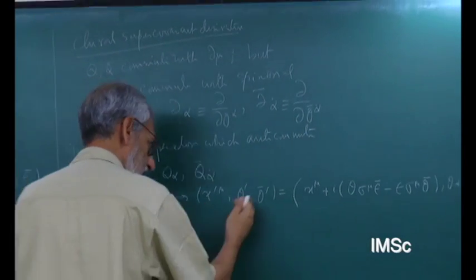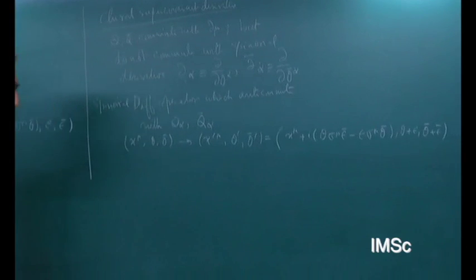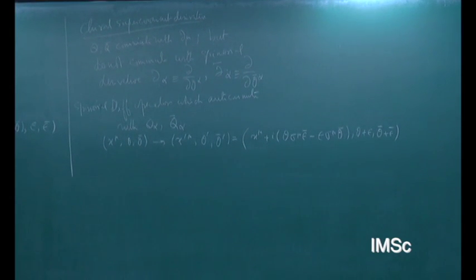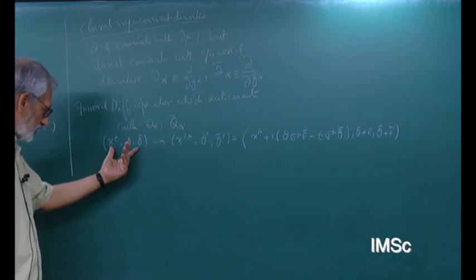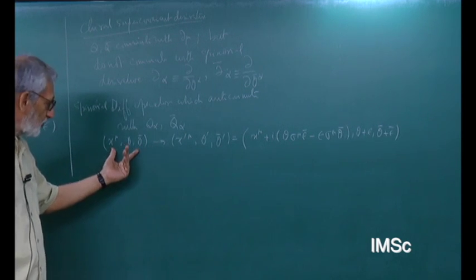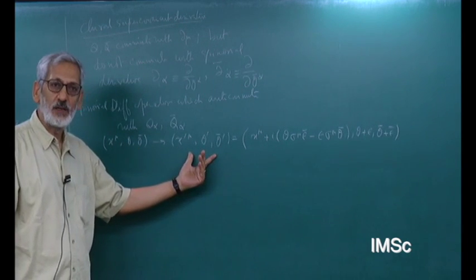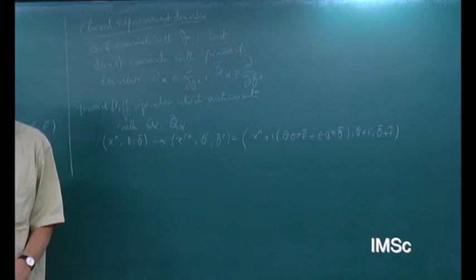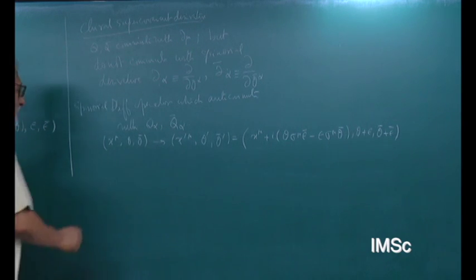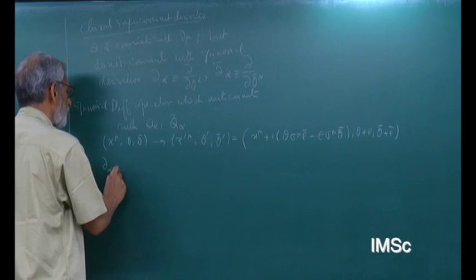So this goes into this. If I change my superspace coordinates from this one to the transformed one, how does that affect spinorial derivatives? So let me write d alpha.